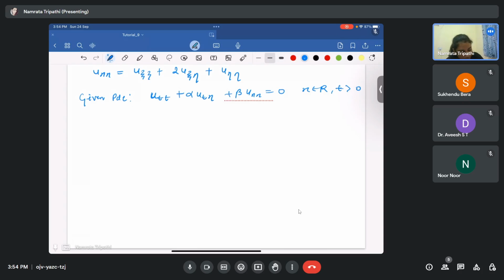Now you have to substitute the values of utt, utx, uxx.